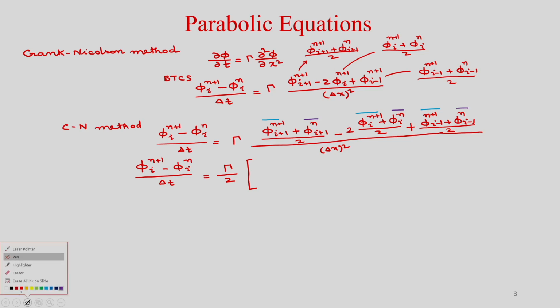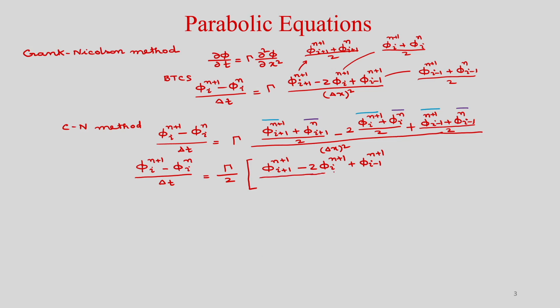So, if you write it, then you will get phi I plus 1 n plus 1 minus 2 phi I n plus 1 plus phi I minus 1 n plus 1, divided by delta x square.